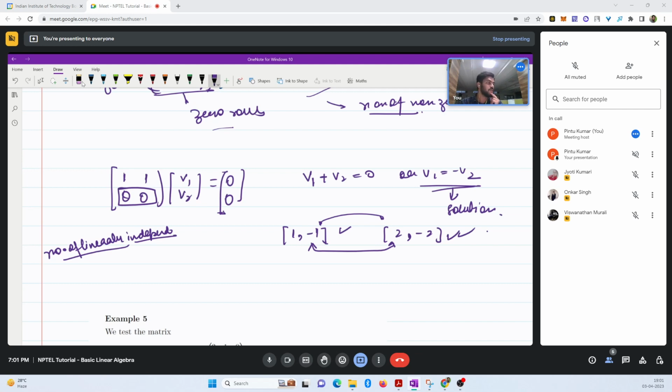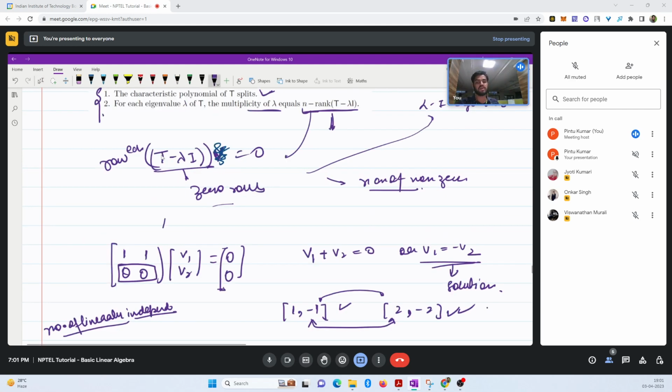I hope I'm clear. Vectors means eigenvectors, the number of independent eigenvectors or solutions. Yes. If you are solving (A minus lambda I) v equal to 0, the vectors that you would be getting are your eigenvectors.